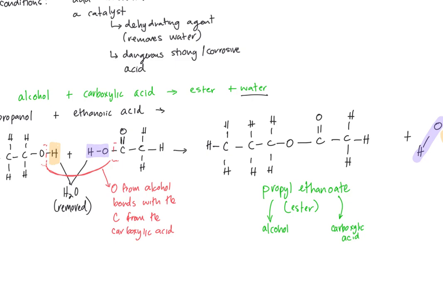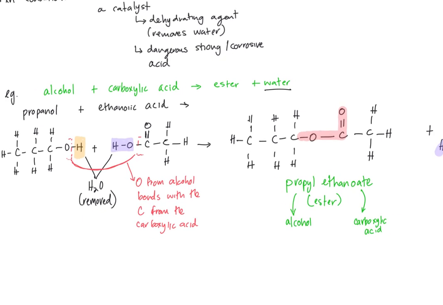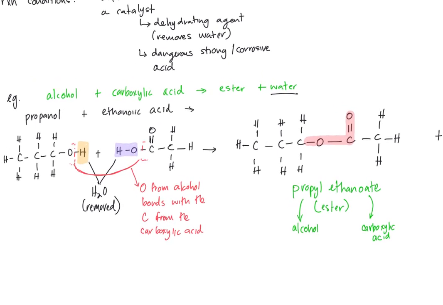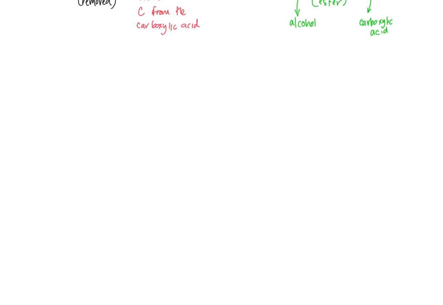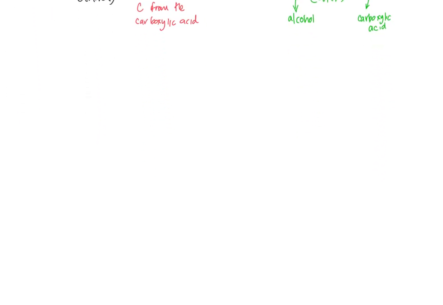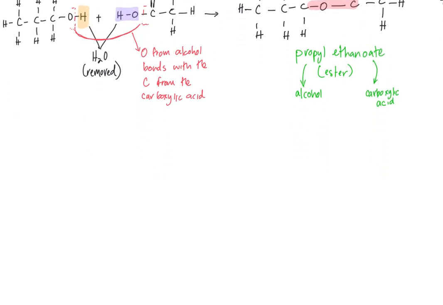And then that bond in the middle, where I said that the O from the alcohol must bond to the carbon from the carboxylic acid, is how I get an ester.